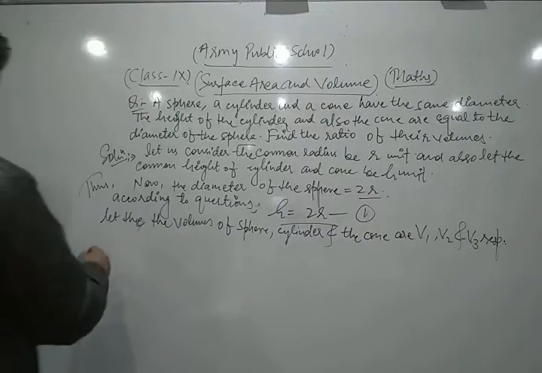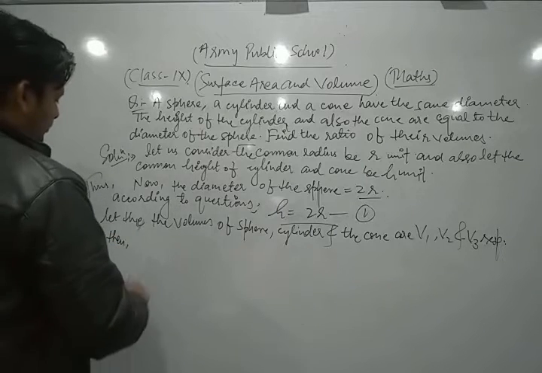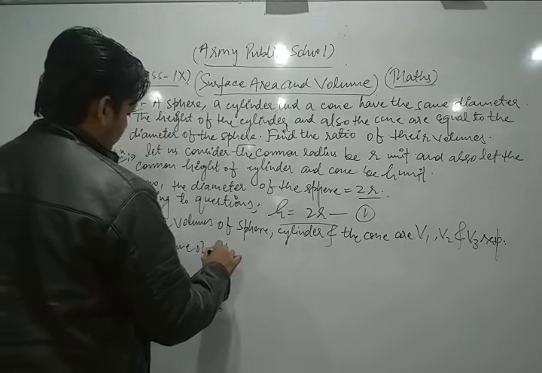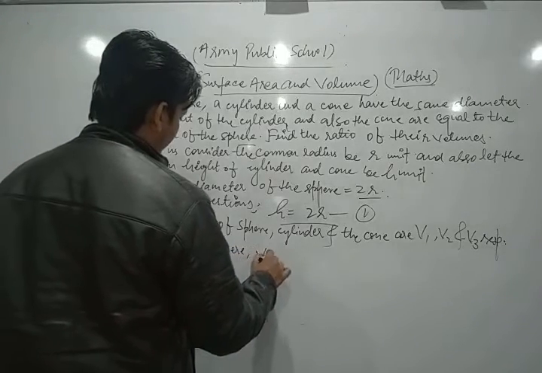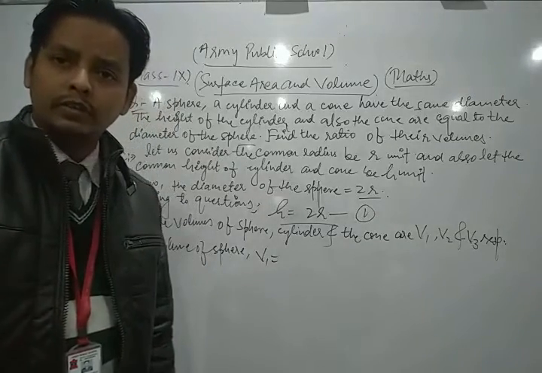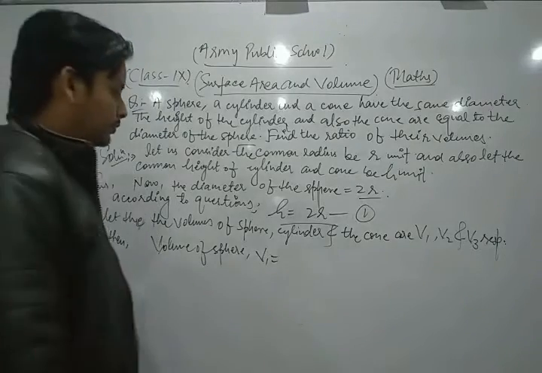Now, the volume of the sphere, that is V1. What is the formula? You know that, dear student, the volume of a sphere is 4 by 3 pi r cube.